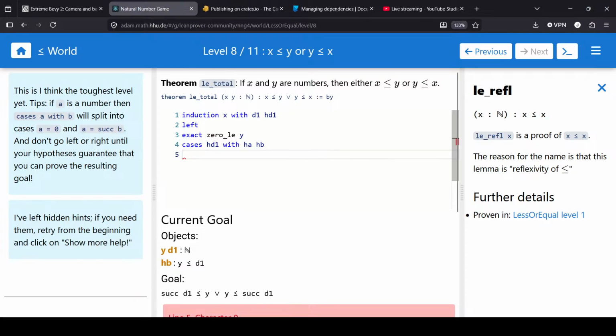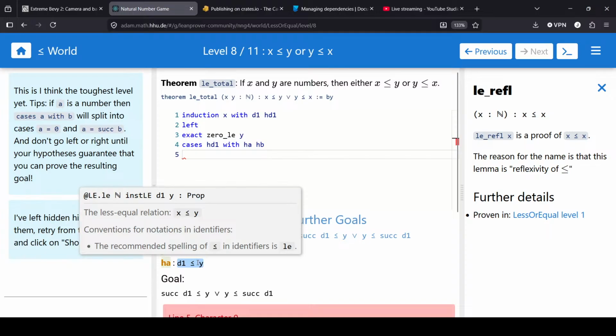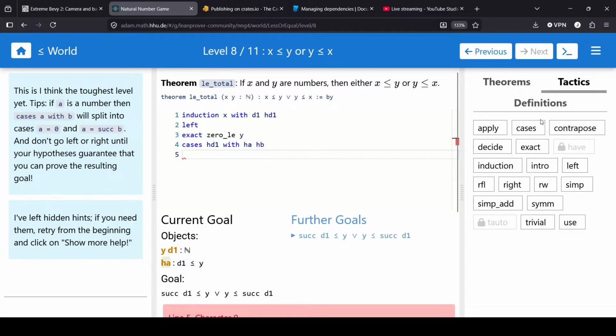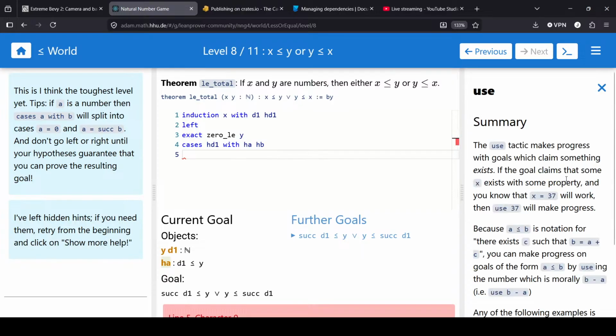No, I can't. But I can't like use at this. That doesn't work on hypothesis, does it?